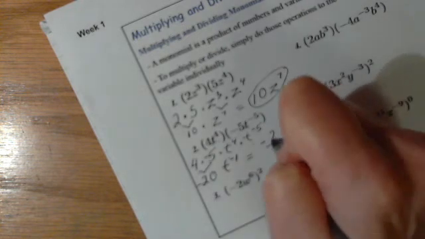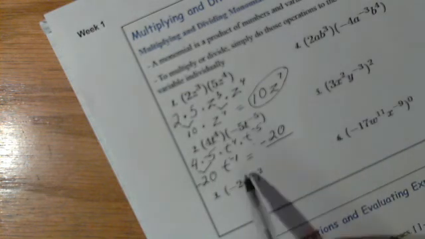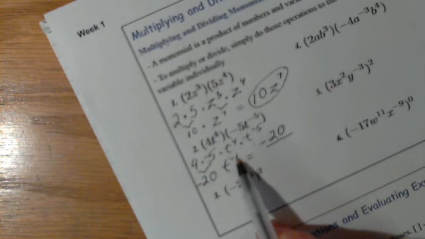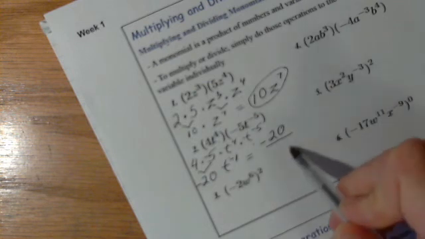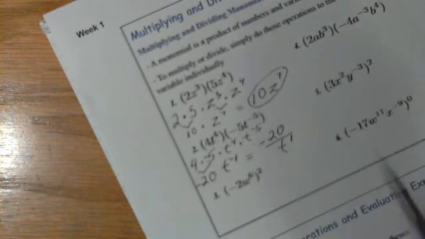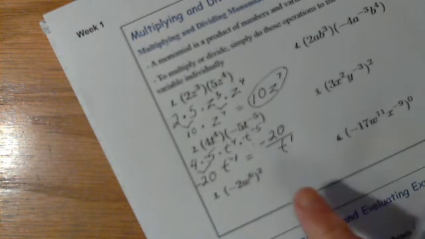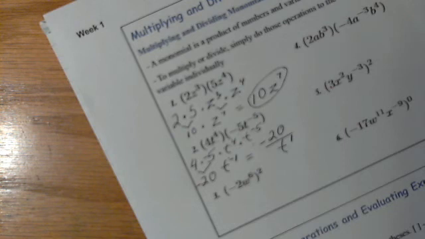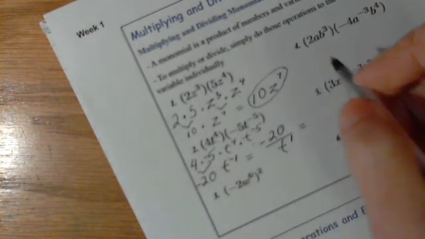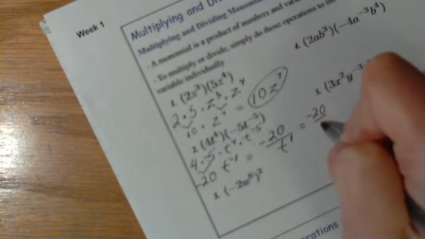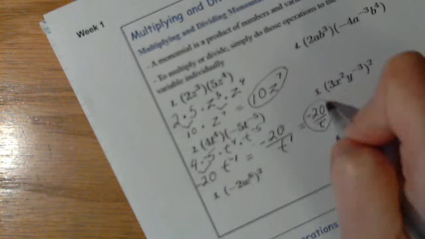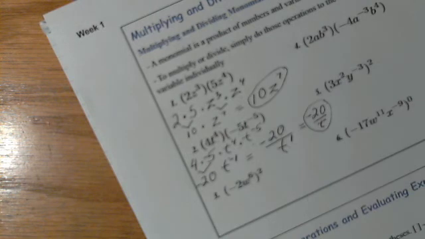So negative 20 can stay upstairs at the party. But t to the negative 1 power has that negative attitude, that negative exponent, so he's going downstairs. When he gets downstairs, he gets a better attitude, and it becomes t to the positive 1. Now, do we even need that exponent on t? Because this just means negative 20 over plain t. End of story. End of problem.